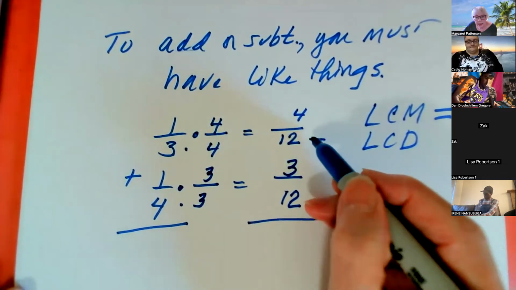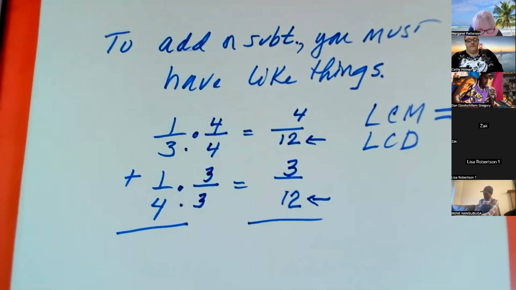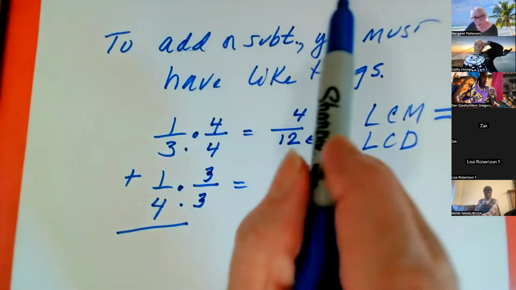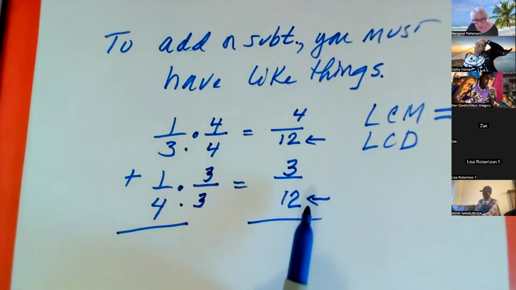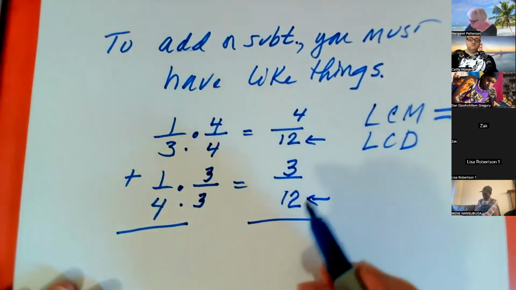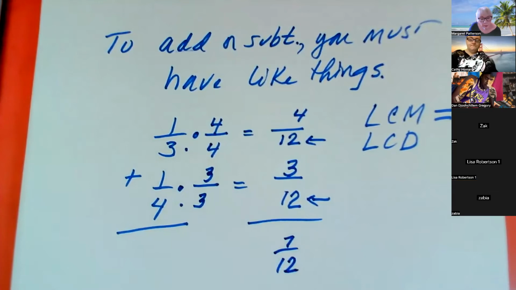Now we have what is required for this chapter, which is a common denominator. And I'm saying this, to add or subtract, you must have like things. In this chapter, it means common denominator. And so now what you do is you add the 4 and the 3, makes 7, and you copy the common denominator.